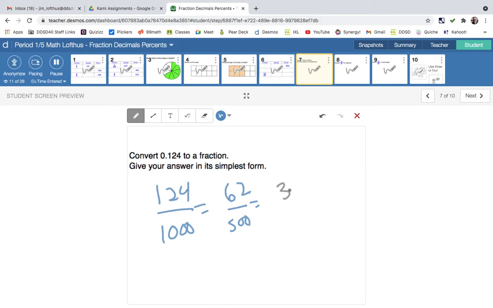Divided by 2 again, I get 31 over 250, and I know that's as simple as it gets because 31 is a prime number. 31/250ths. And I'm double checking by doing 31 divided by 250, and I get the same answer.